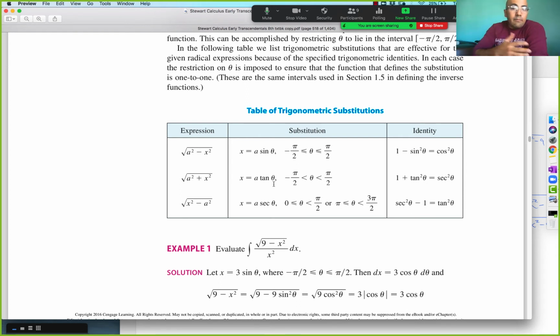There might be a better way, but let's try this just because we're in this section.